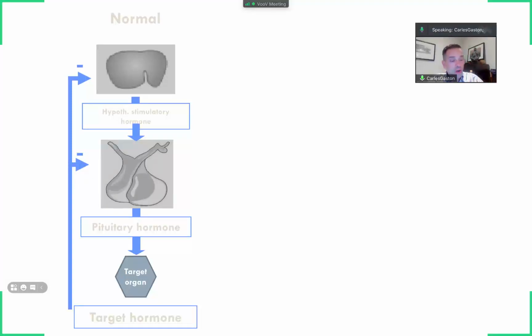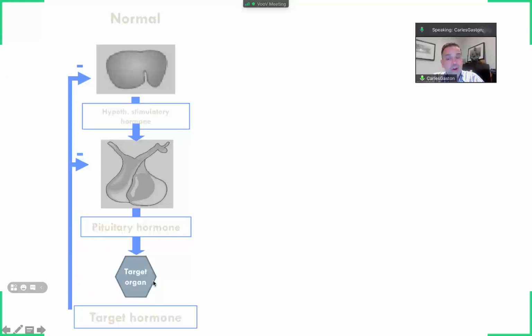If we recall the other lectures, it can target the liver, the bones, the gonads, the adrenal glands, the breast, and so forth.